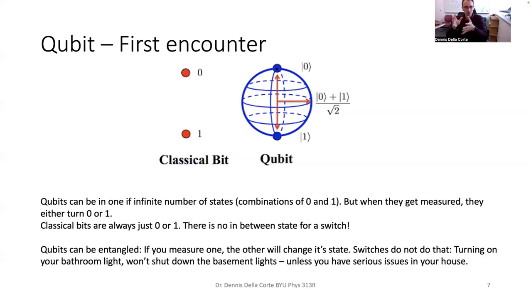A superposition, you might recall from introductory physics or linear algebra, is when you have two vectors and you add them together. If you have, for example, a direction that points there and a direction that points there, then a direction that points here could be considered as a linear combination of this direction and this direction.